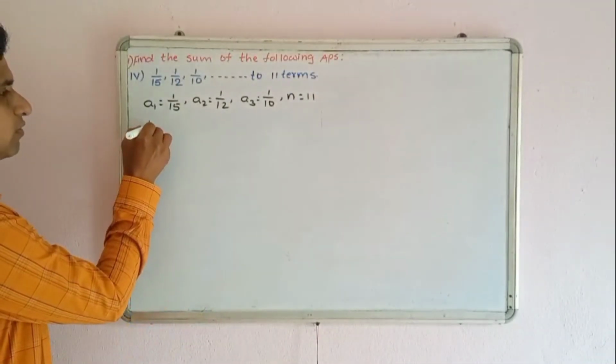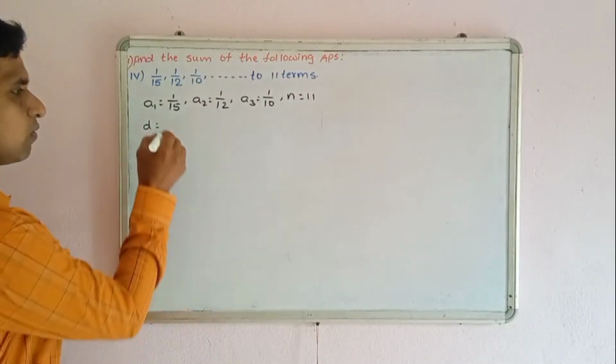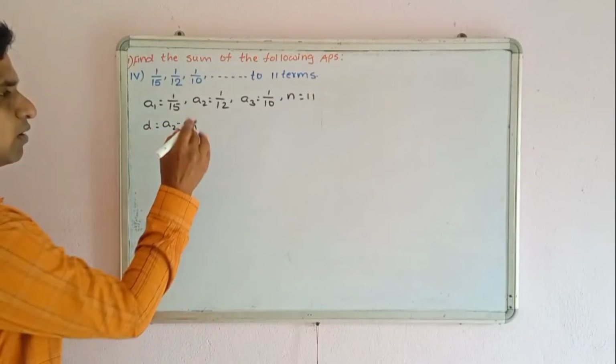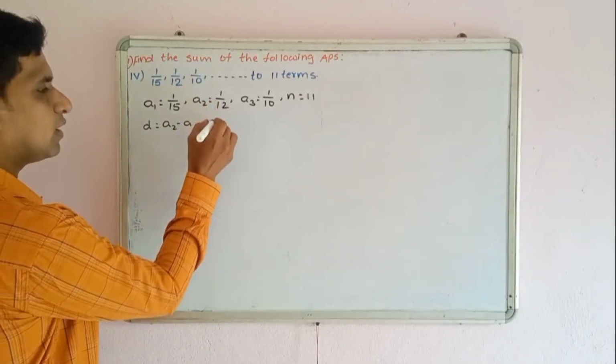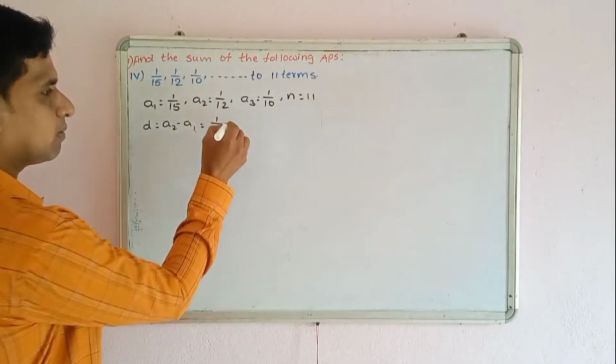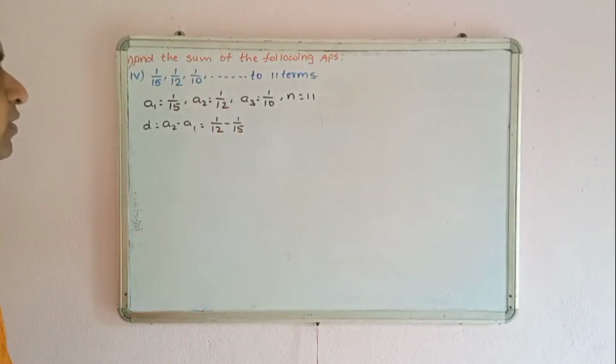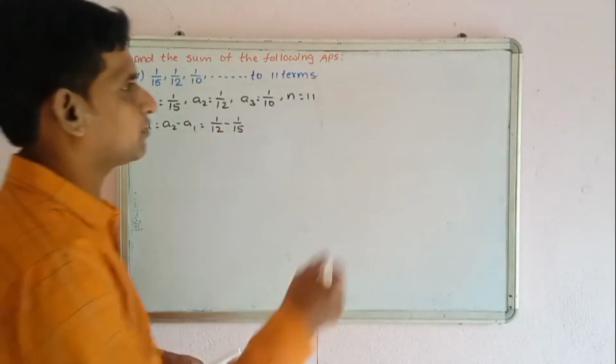Now first find the value of d, that means the common difference. What is the formula? A2 minus A1. A2 value is 1 by 12 minus A1 value 1 by 15. What is the LCM of 12 and 15?